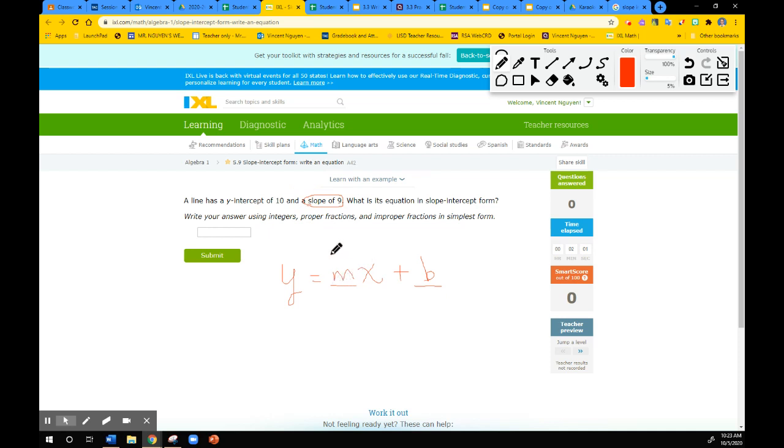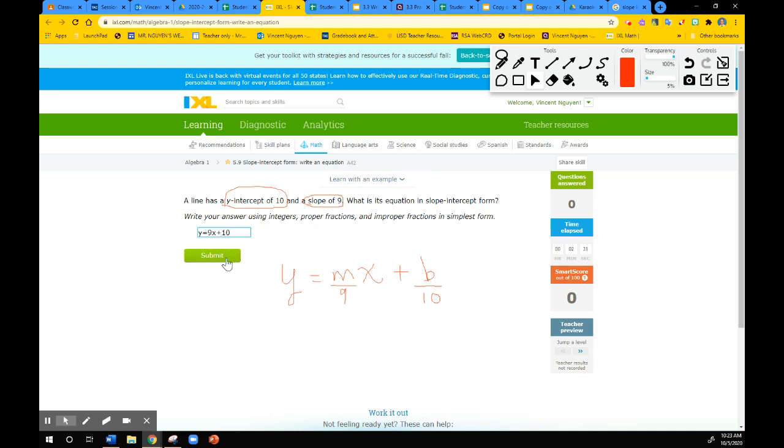It is 9, so I am going to substitute 9 in here. And then the y-intercept is also given to us. This is why I'm telling you that this is the easiest case. It's the least amount of work. You just have to verify which information is which and put it into your equation. So our equation becomes y = 9x + 10.